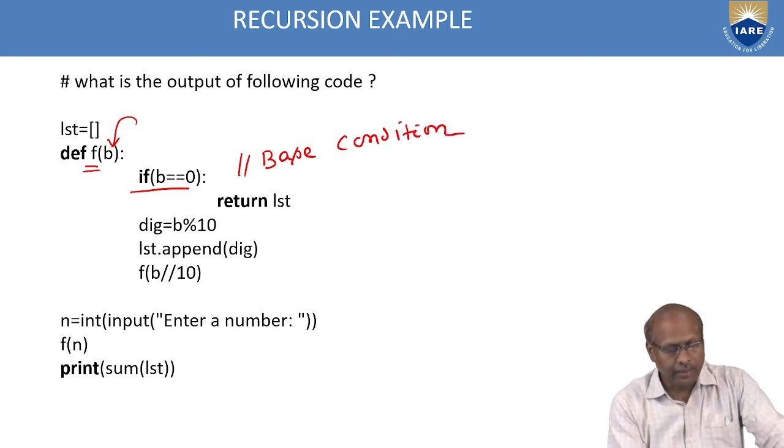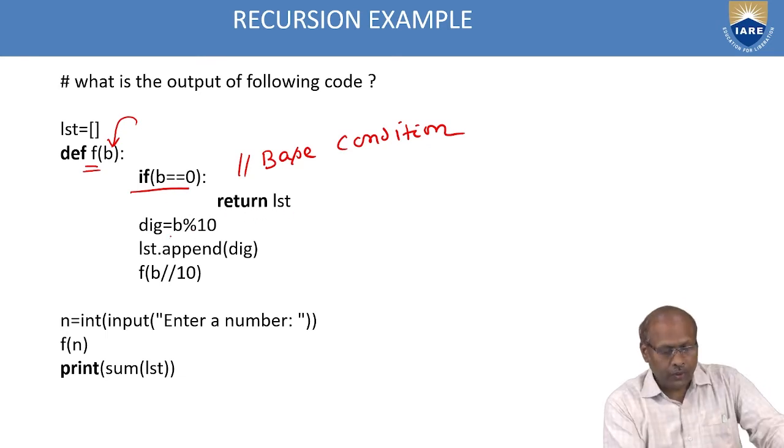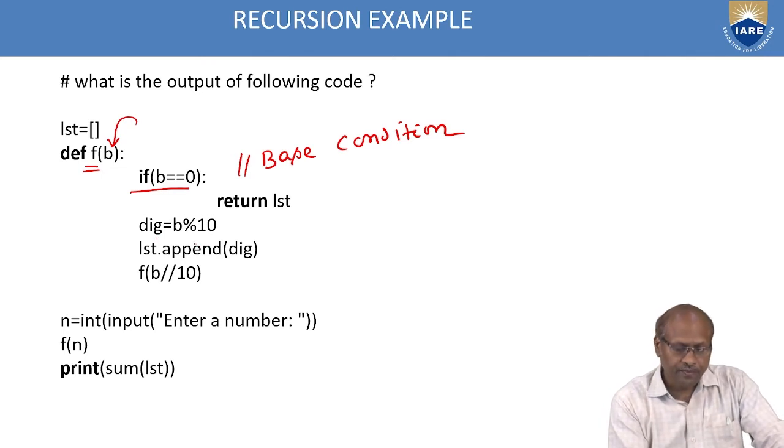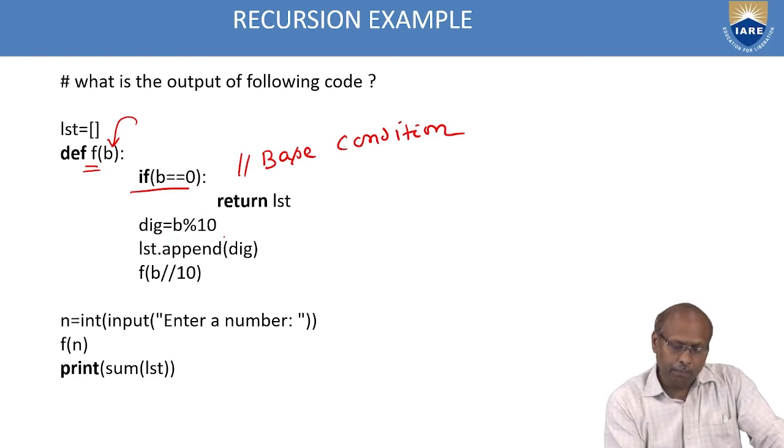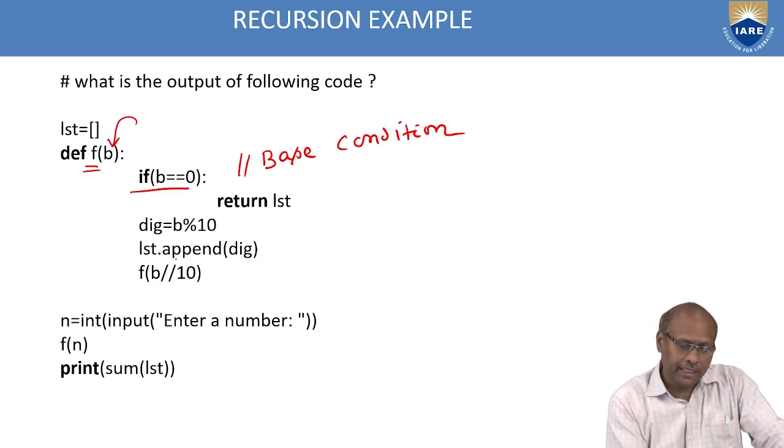So here, what condition have they given? If this condition is true, it returns LST. If this condition is not satisfied, it comes down here. It is finding the digit, b modulus 10. Then LST will append dig, and f of b by 10. That means at the end you are writing this statement.